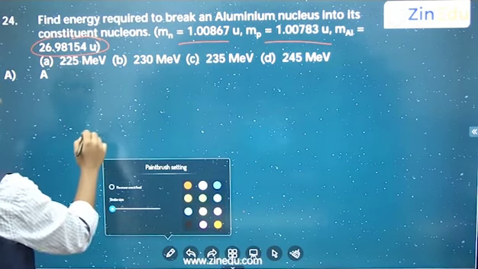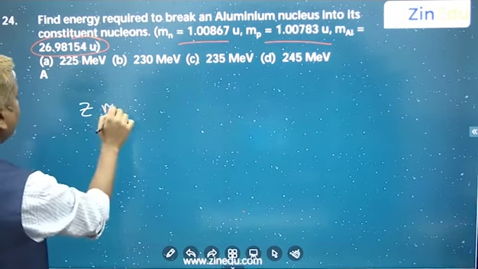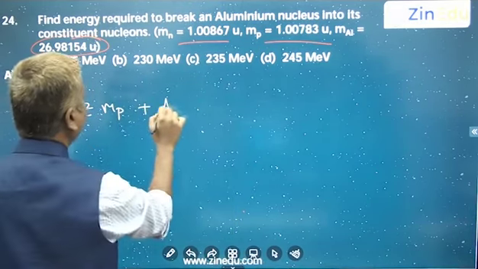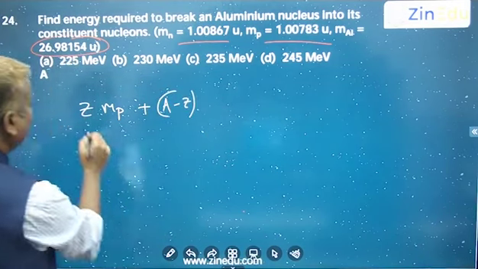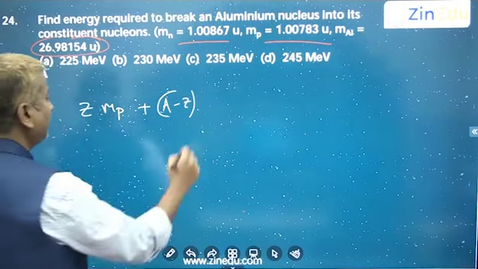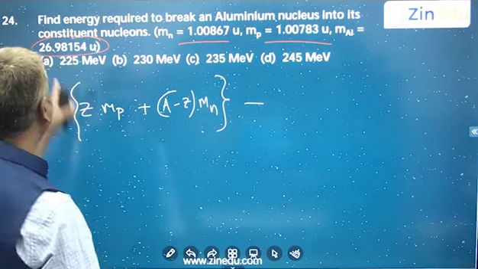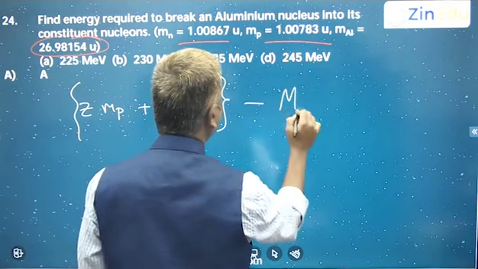So for aluminum, Z times the mass of each proton plus (A minus Z), the number of neutrons, times the mass of each neutron, right? So this is the total mass of nucleons minus the mass of the nucleus.